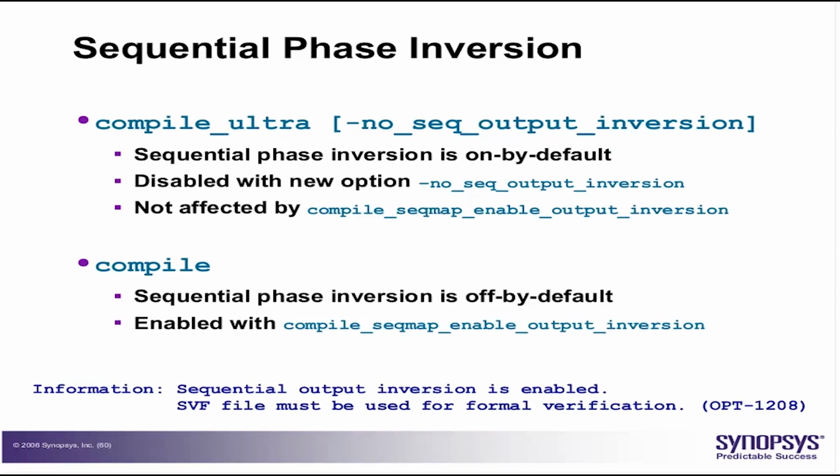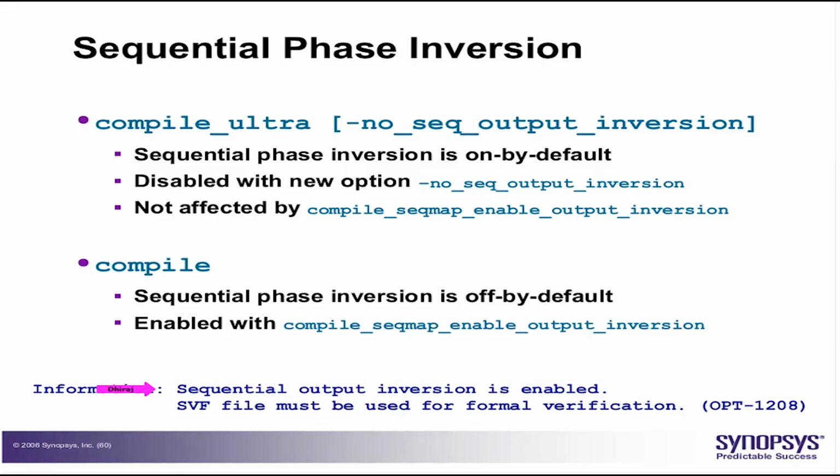So by default, we did sequential output inversion. It is on by default. It is disabled with this option, and it is not affected by this variable. Compile, on the other hand, is affected by this variable. What happens is that the output of a register might be inverted to provide better optimization, but this might create problems in Formality.